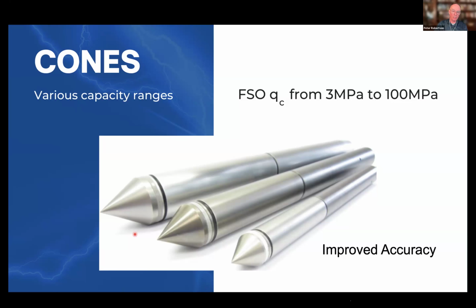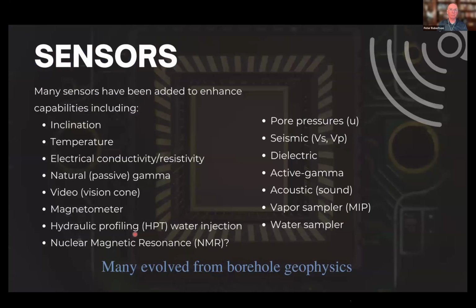And if the geology says that there could be some soft ground, you use a high capacity one to start, and if it confirms, yes, the ground is very soft, then sometimes people will switch over to a lower capacity cone so that you have improved accuracy. But in general, the quality of the strain gauges is so good now that even the high capacity cones have remarkably good accuracy in softer soils. But conceptually, if you want improved accuracy, you should use a cone of slightly lower maximum capacity.